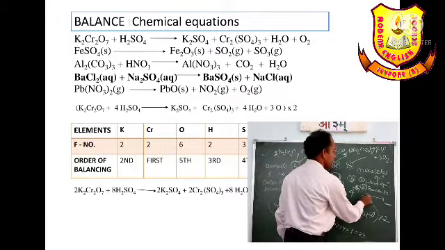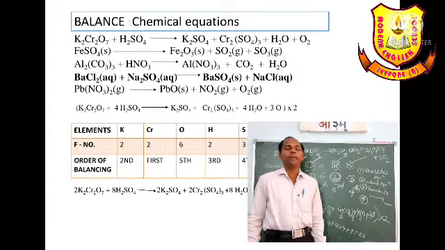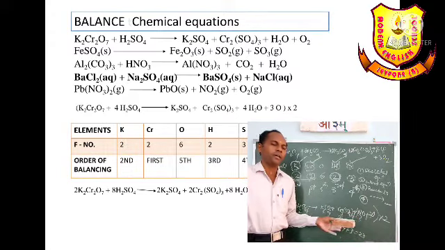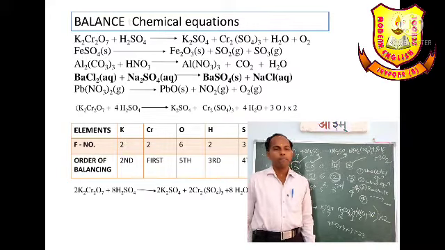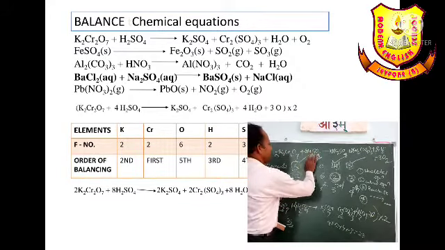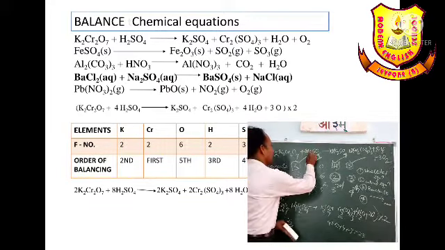Fourth way, the skeletal equation will be given, but it may have some error. You have to rectify the error and then balance. Like in this example, HSO4 is given, so you have to correct it first.